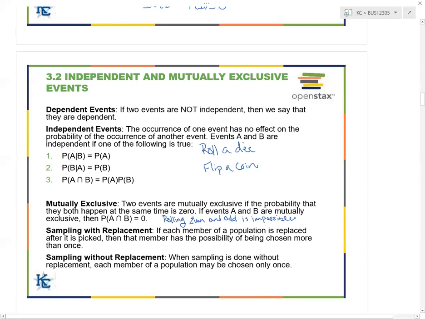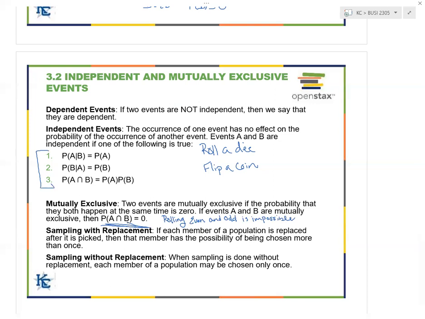A number cannot be even and odd, right? It can only be even or odd. So with that being the case, it would be a mutually exclusive event. So that's an example of a mutually exclusive event. And when we have events that are mutually exclusive, we can show this just like we could show independence, with one of these three. We can show that events are mutually exclusive when we find the probability that A intersect B equals 0.